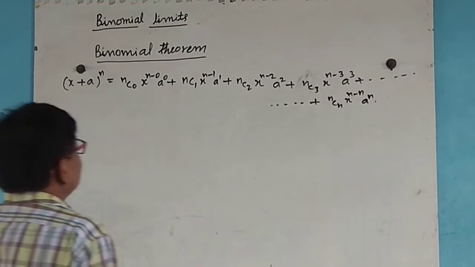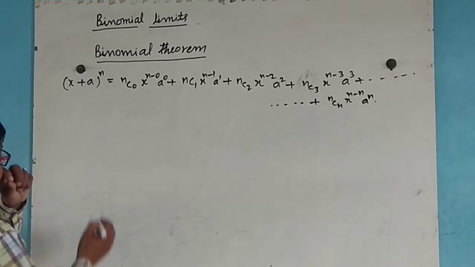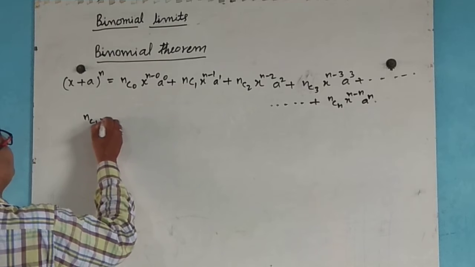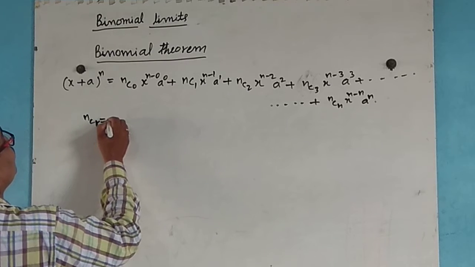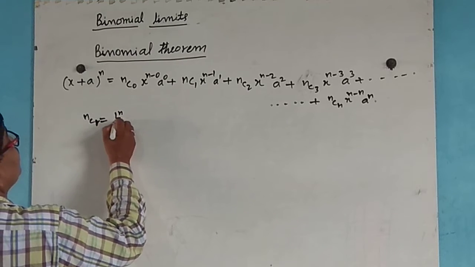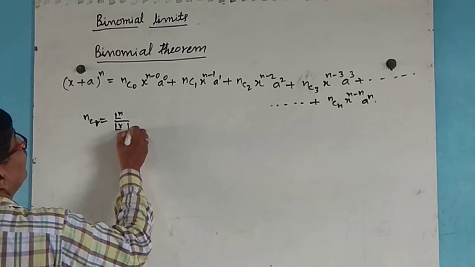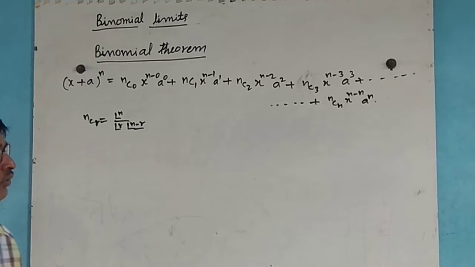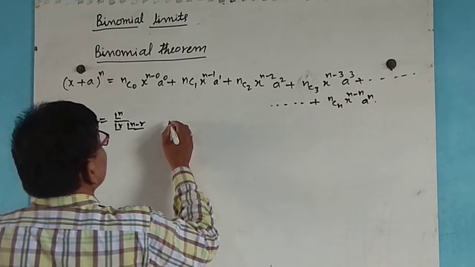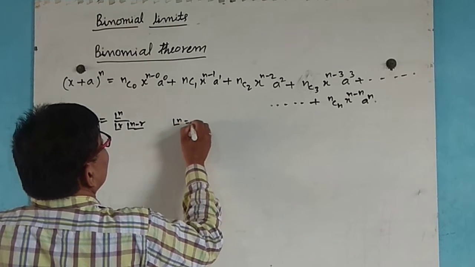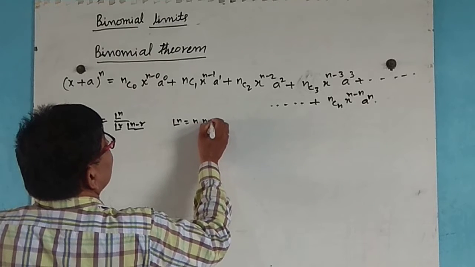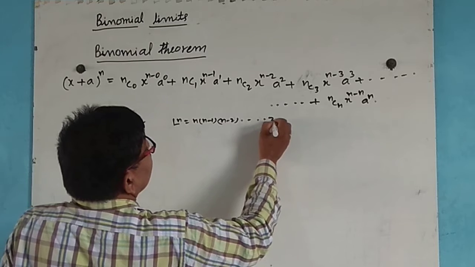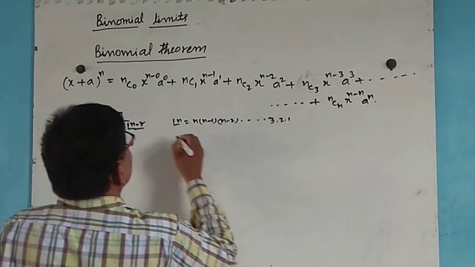Now here we know that nCr equal to factorial n divided by factorial r factorial n minus r. Now as we know that factorial n is equal to n into n minus 1, n minus 2, dot dot dot 3, 2, 1.